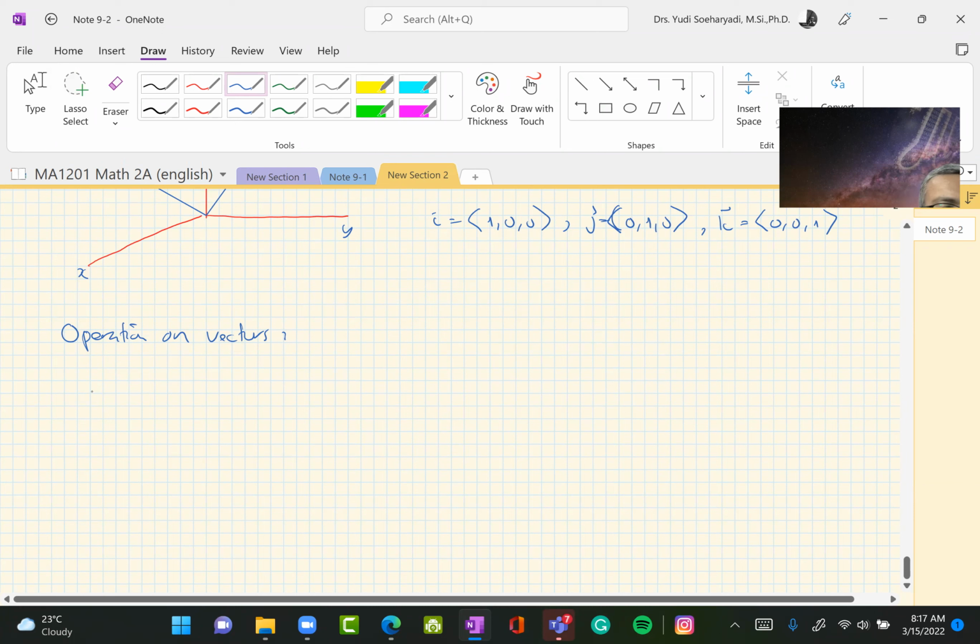You can add and subtract vectors. So say <A1, B1, C1> and you have two vectors, <A2, B2, C2>. And you can subtract.